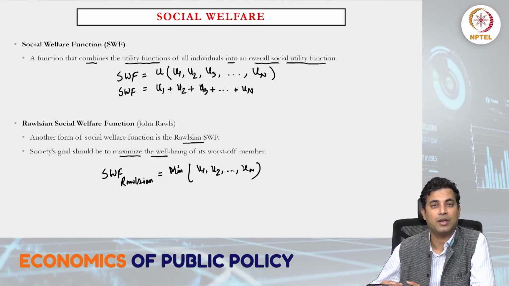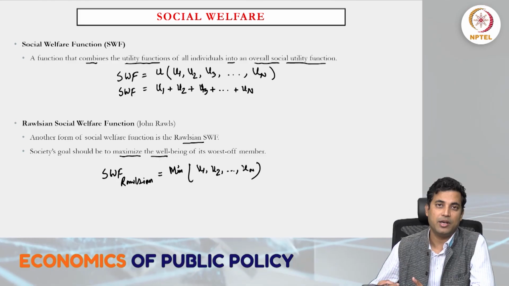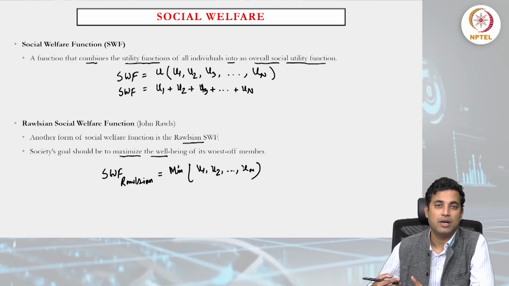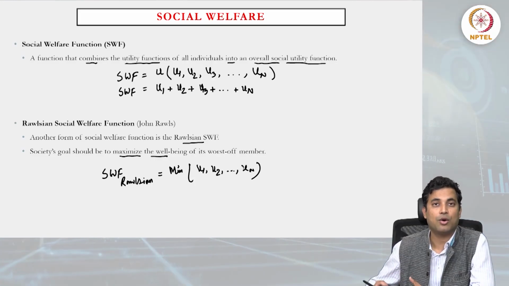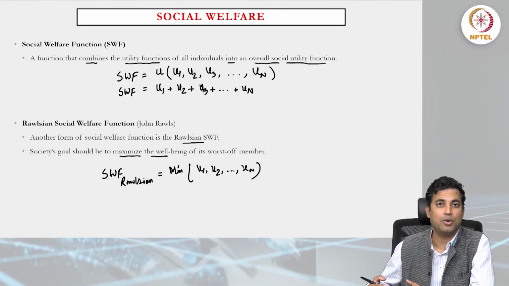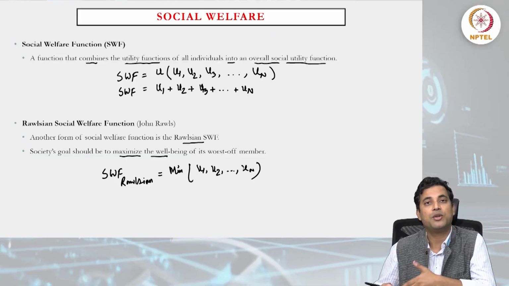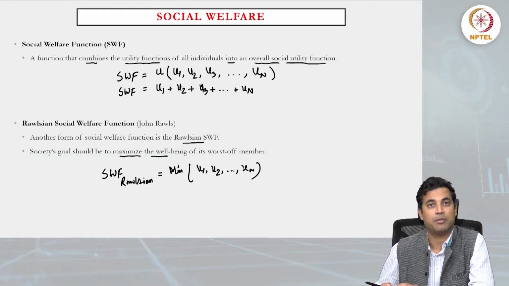In the context of opportunity cost, from the society's point of view, if someone wants to be in a better position at the cost of others, we have to take care of those worst-off members and look at their utility from the social welfare point of view.